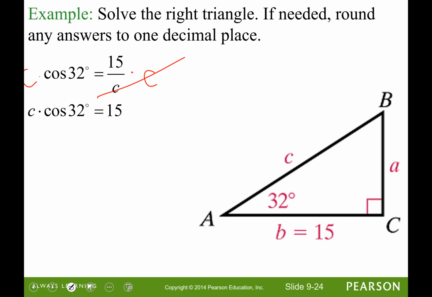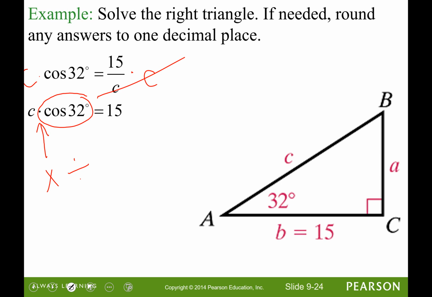We need to make another move: do something to both sides of the equal sign to isolate c. c is attached to cosine of 32 degrees with multiplication. Whenever you want to get rid of something that's multiplied, you have to use its inverse operation, which is division. Let me show you what that looks like, and then I'll point out why it's not the inverse.